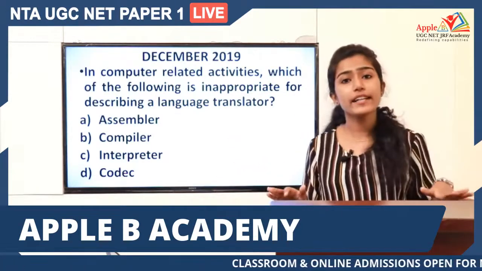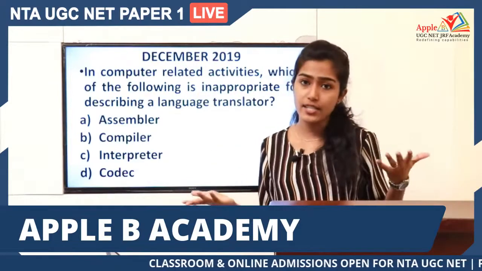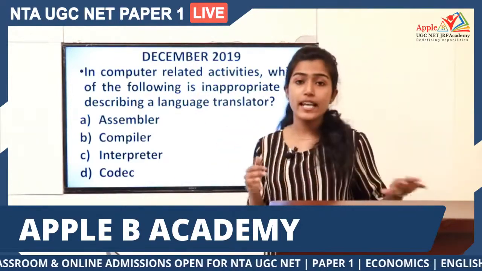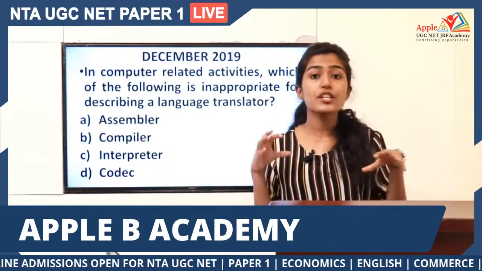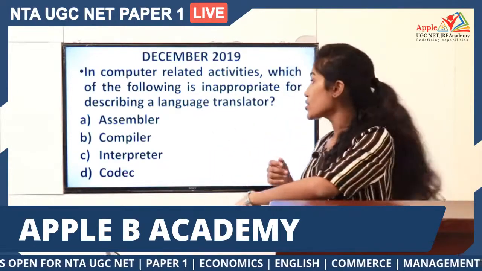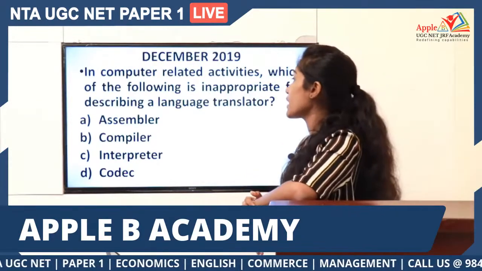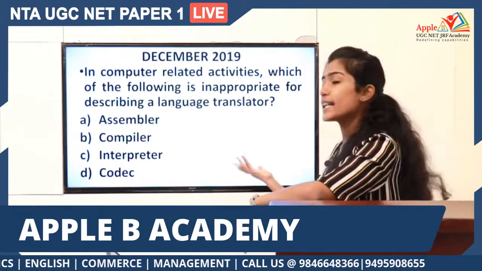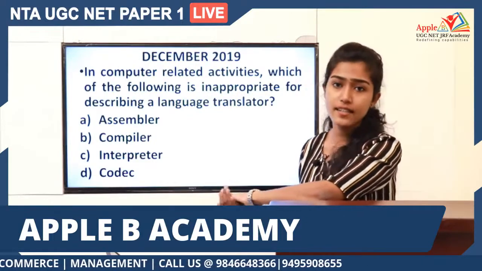We have already discussed the various language translators or the various language processors, right? We said that language processors are language translator systems. So which are the options that can be described as language translators? Assembler, compiler, and interpreter. We have already discussed these terms in our class.